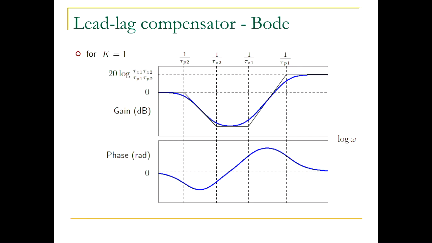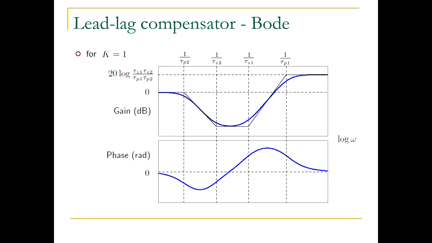So first I was deciding where to put these corner frequencies. In particular I decided this corner frequency due to the 0 of the lag part. And then I'm deciding how much lead I need in the desired crossover frequency range.